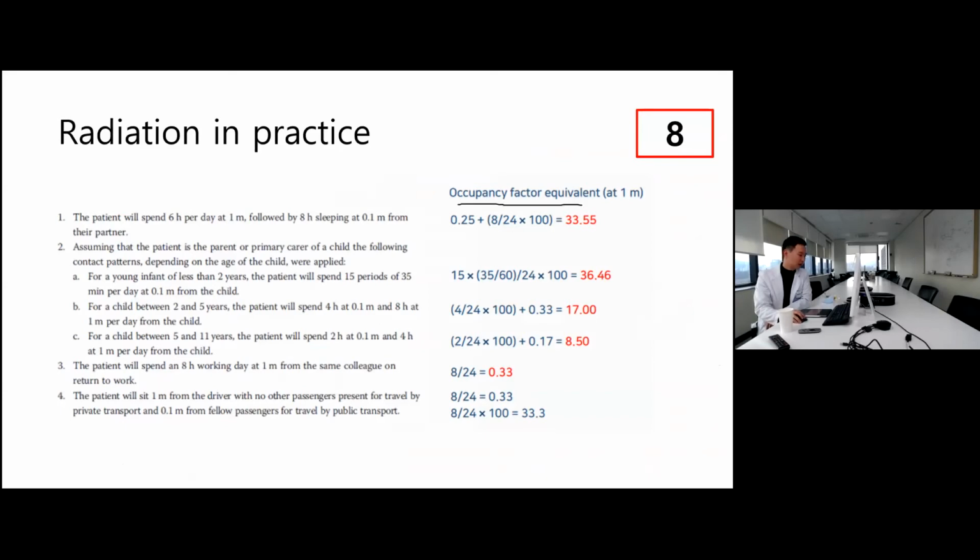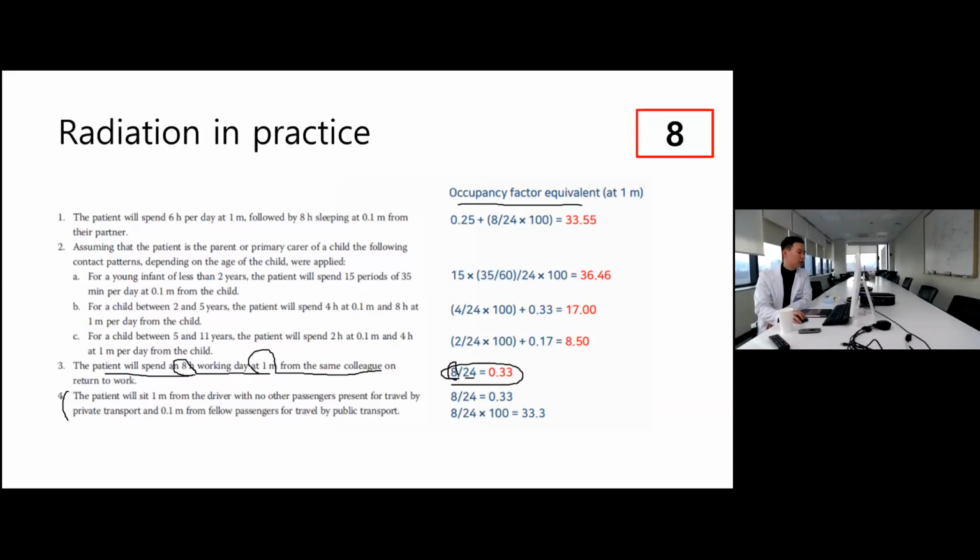You can think, for example, that if the patient spends 8 hours working at 1 meter from the same colleague, then the occupancy factor will be like this, because he worked 8 hours per 24 hours a day. So 0.33 will be the occupancy factor.